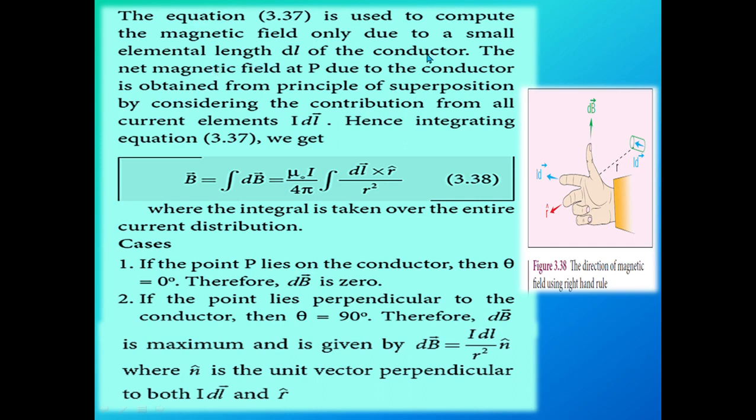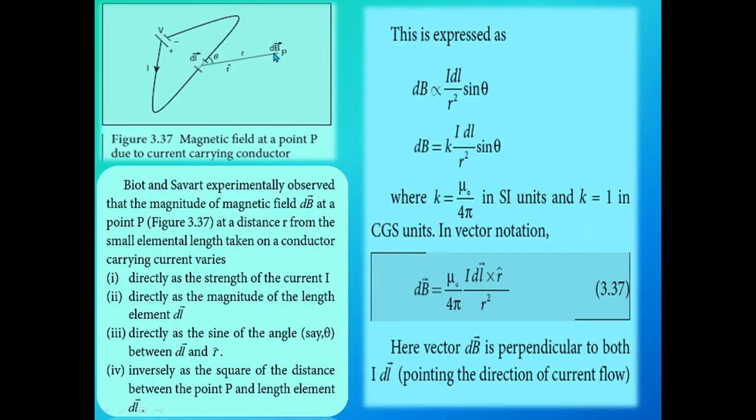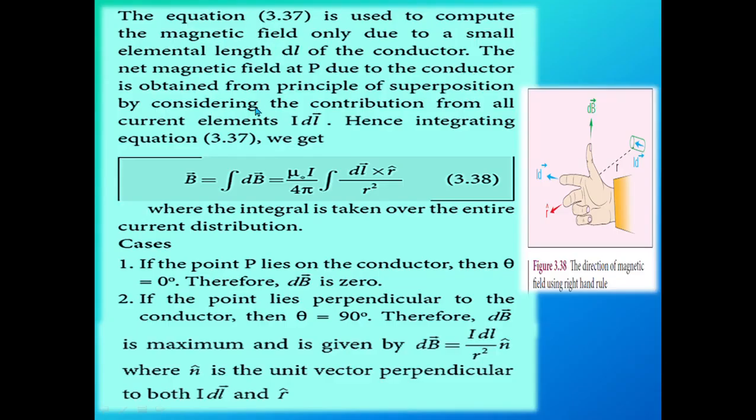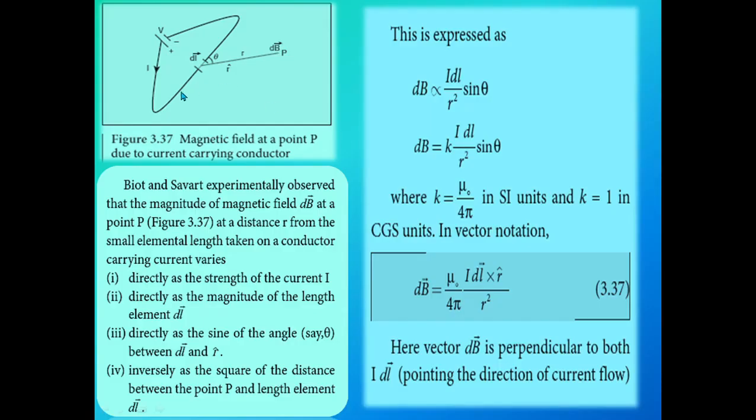of the conductor. The net magnetic field at point P due to the conductor is obtained from the principle of superposition by considering the contribution from all current element I dl vectors.